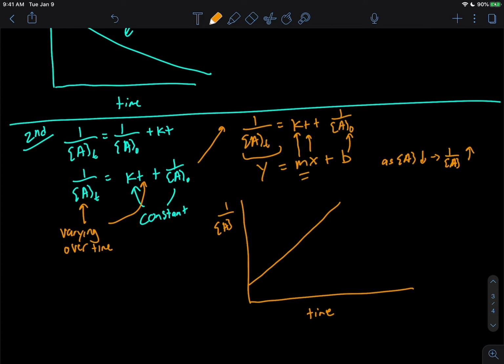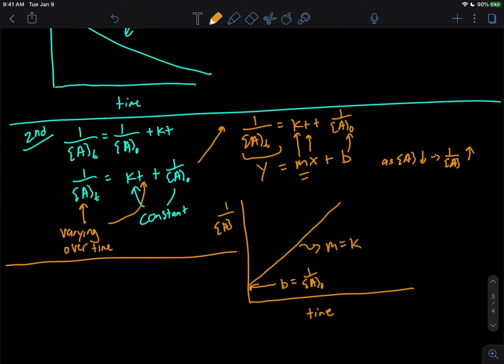And what we notice here is that our slope is equal to our k value and our y-intercept is equal to 1 over our original concentration. So now we have the ability to extract some useful information when we're dealing with a second order reaction.